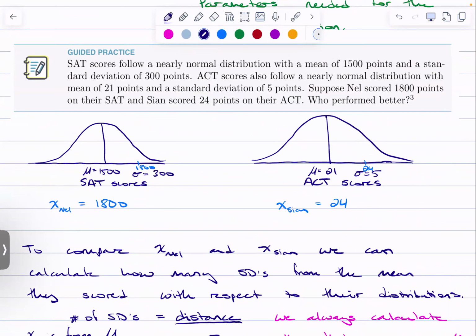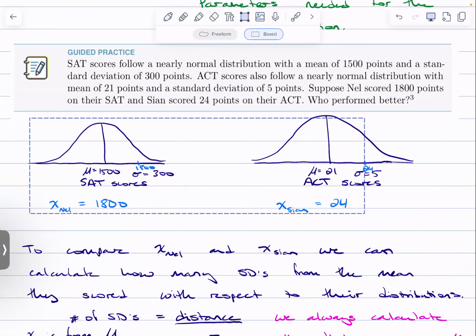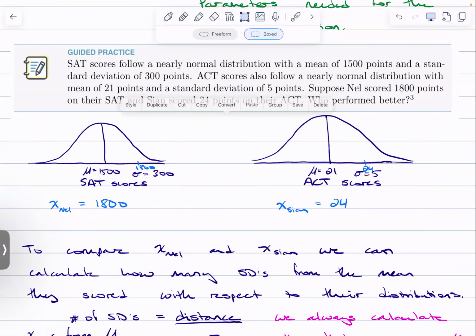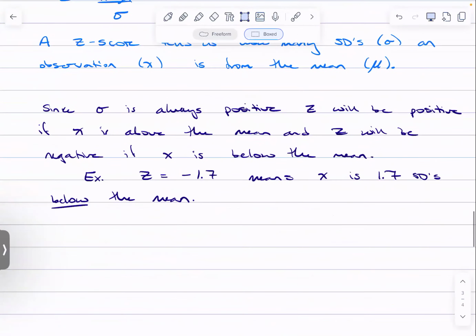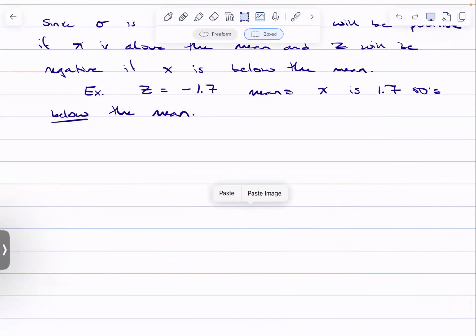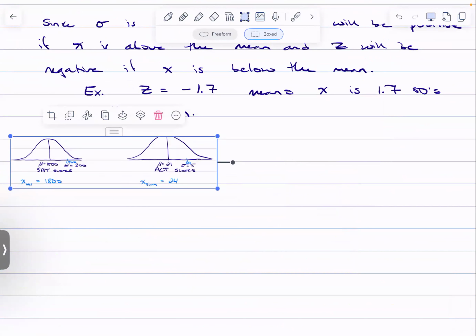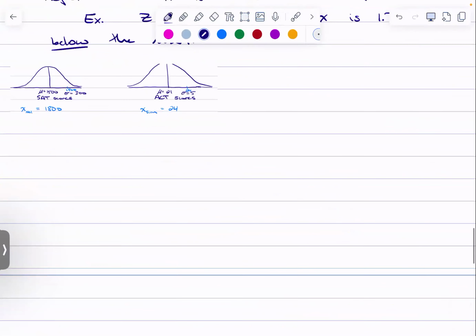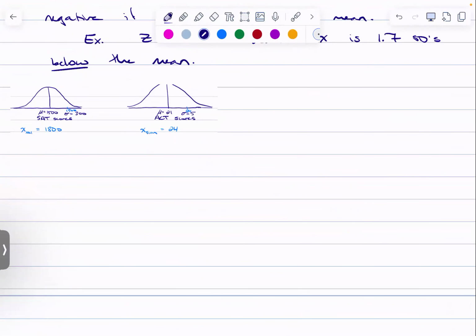And I'm going to cheat and just copy this down so I don't have to remember it all. To compare scores, we can compare the Z scores.